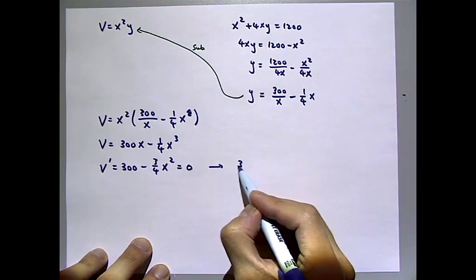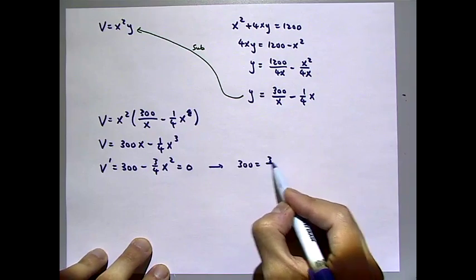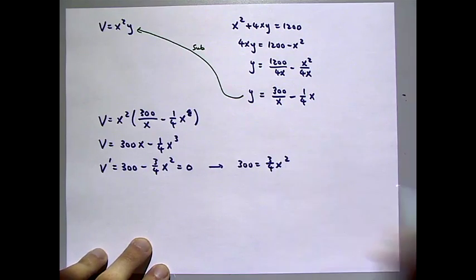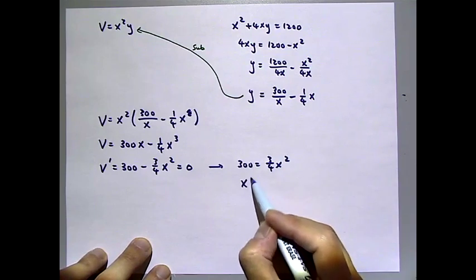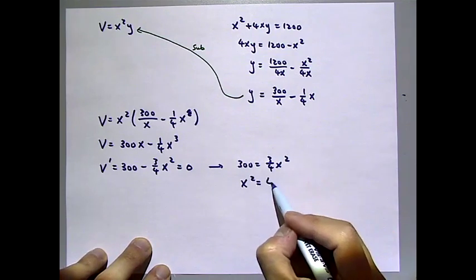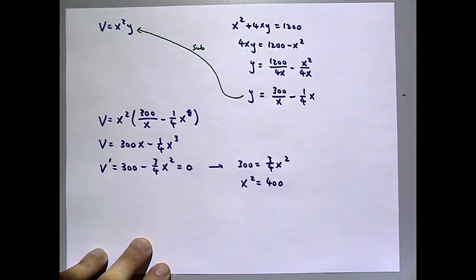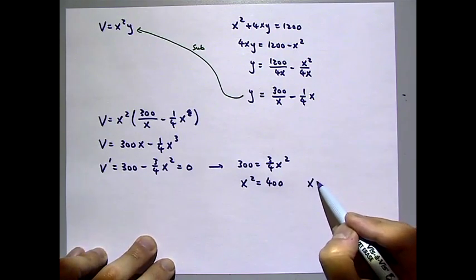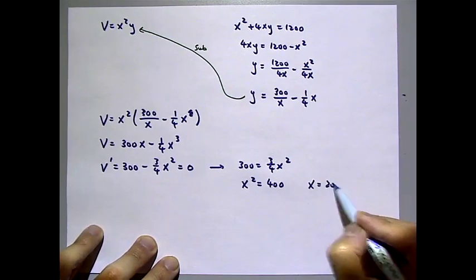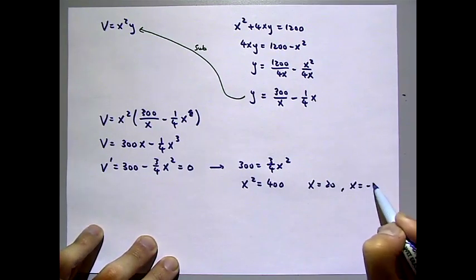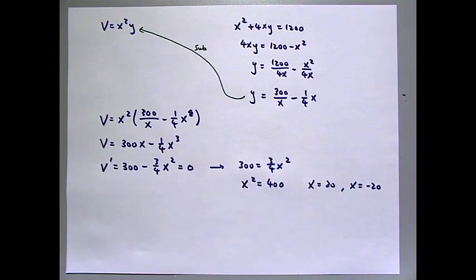And we get 300 is equal to 3 over 4 x squared. So x squared is equal to 400. Therefore, x is equal to 20, or x is equal to negative 20.